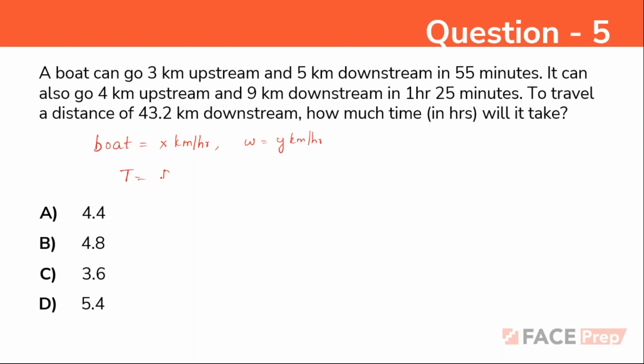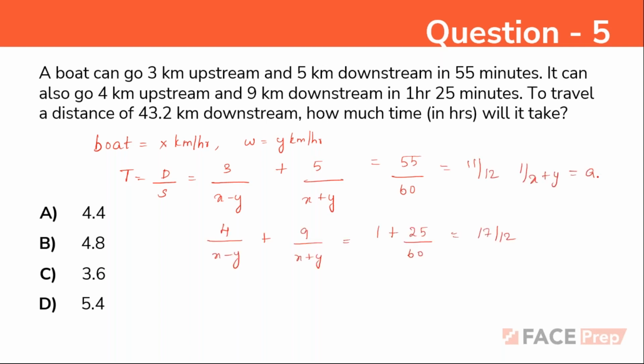Now I can consider this 1 by x plus y as a and 1 by x minus y as b, for simpler calculation. So I'll be getting the equation 4b plus 9a equal to 17 by 12, and 3b plus 5a is 11 by 12.